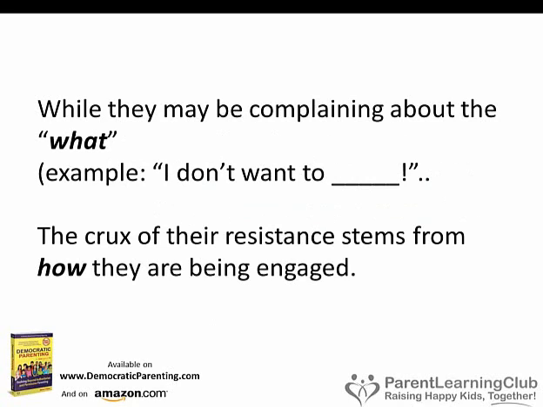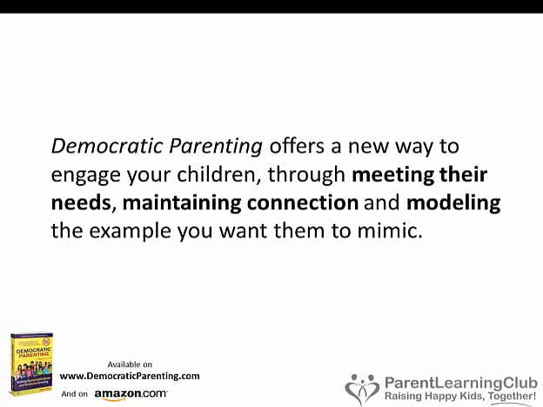They're saying, I don't want to do this or I don't want to do that, so they're actually talking about the what. But the actual crux of their resistance stems from how they're being engaged in whatever's happening. This is really key to understanding how we can shift the defiance without using punishments or rewards or bribes, but by connecting with them.